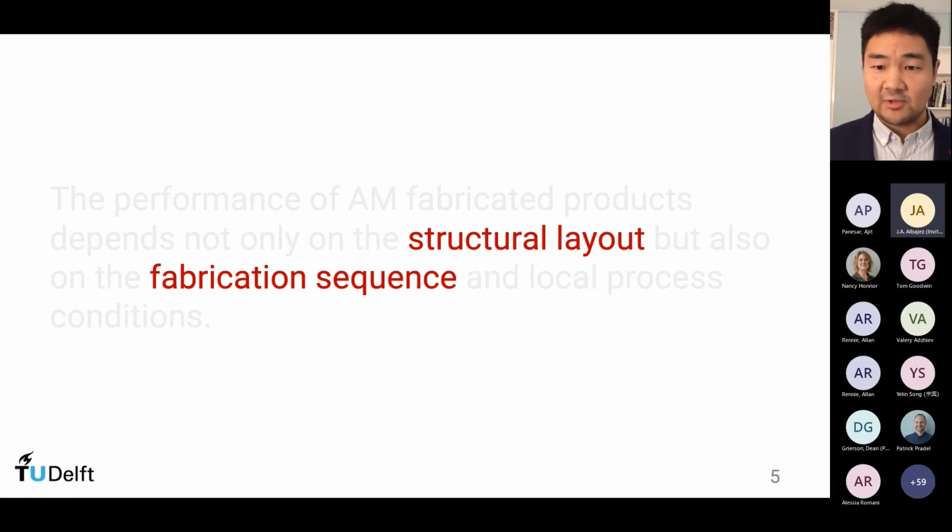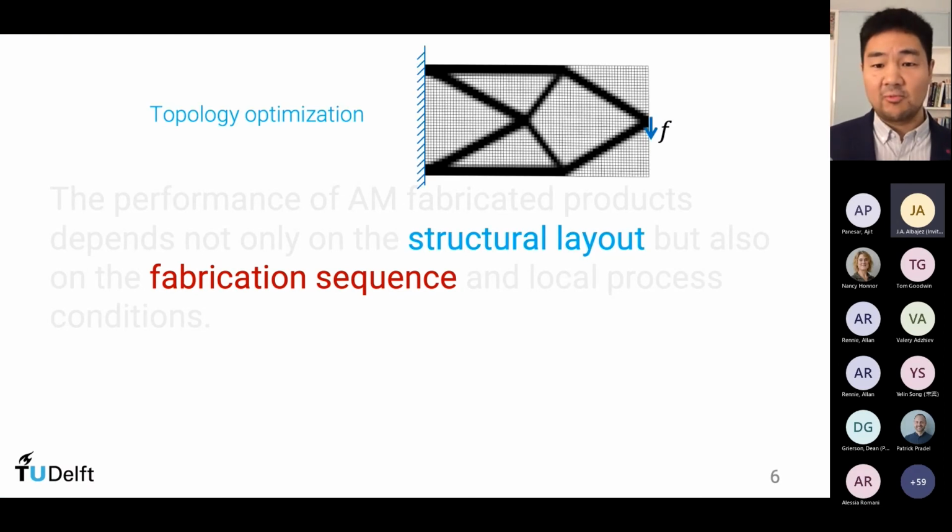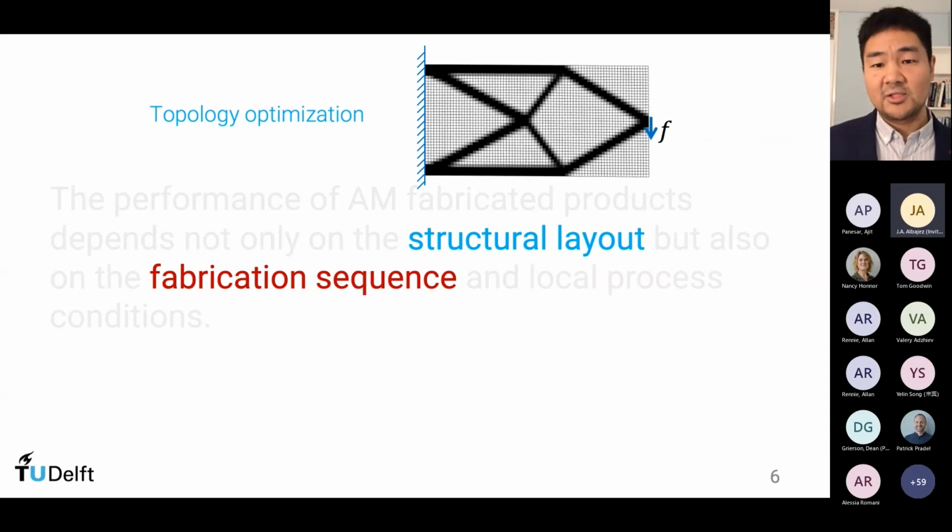Talking about structural layout, it has been very well recognized in the community to design using topology optimization. So I just want to briefly show this animation, in case you are unfamiliar with it. In topology optimization, the structure is discretized into elements, and each element can have material or no material, and topology optimization essentially transfers structure design into a material distribution problem.